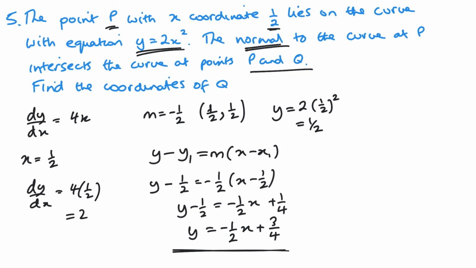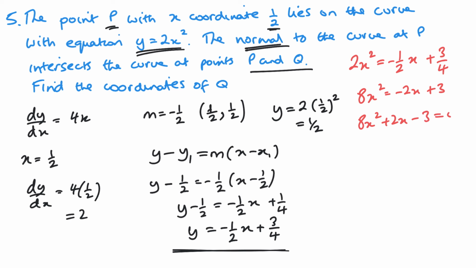So equating these equations, we would get 2x squared, and that's equal to negative a half x plus 3/4. Now I'm going to multiply through by 4 to make my life a little bit easier, and that will give me 8x squared equals minus 2x plus 3, so 8x squared plus 2x minus 3 equals 0. Now I need to go about factorizing this.